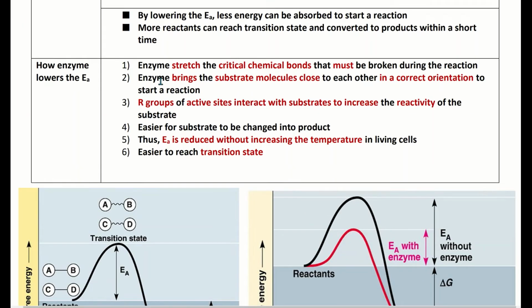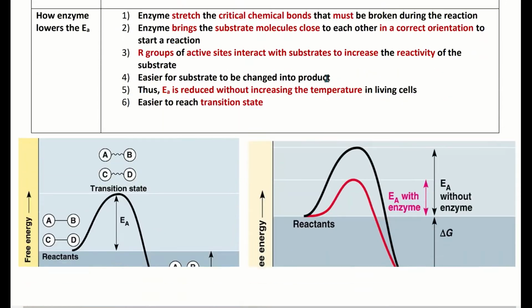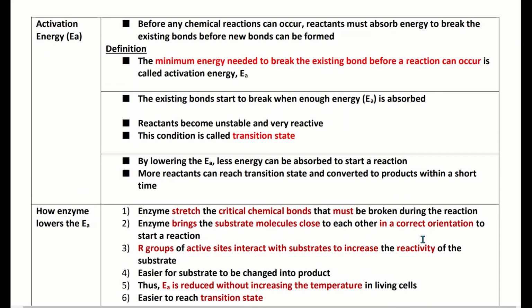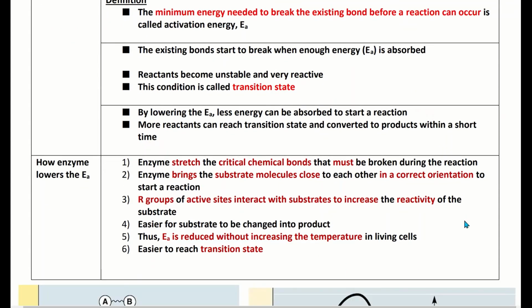And then next, enzyme bring the substrate molecules close to each other in a correct orientation to start a reaction. Enzyme brings substrate molecule close. Apa yang substrate molecule? ADP dan PEP dia rapatkan. Brings it together in a correct orientation.